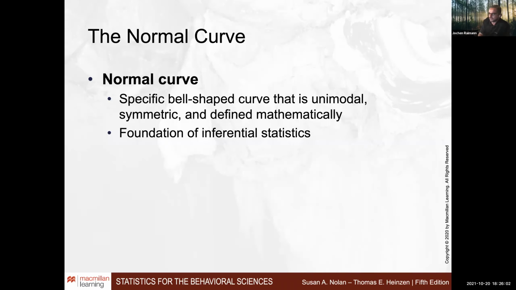So this mathematical definition is important. And the normal curve, as I mentioned, is the foundation of all inferential statistics. Inferential statistics means that we're quantifying probabilities and drawing inferences based on these probabilities about one individual or a sample within the population.